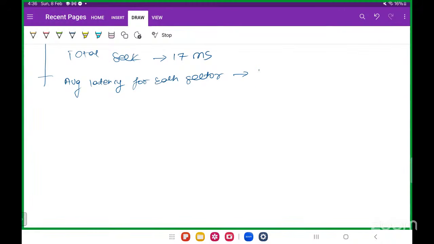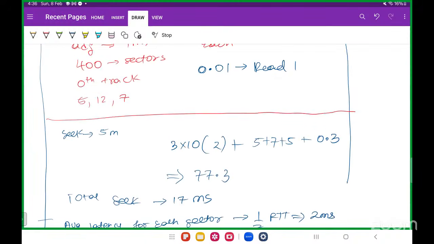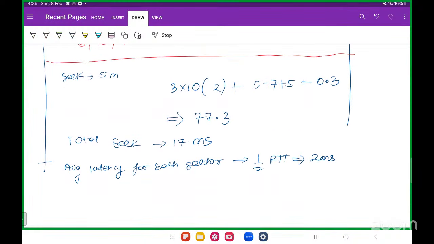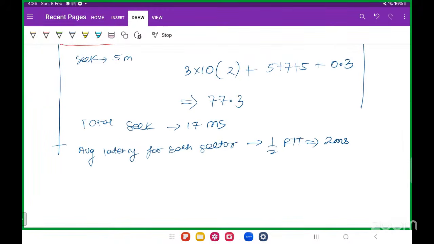There are 3 tracks, so 60 milliseconds. Now reading the data takes 0.01 milliseconds, and there are 30 sectors, so 30 into 0.01 is 0.3. So the total is 17 plus 60 plus 0.3, which is 77.3 milliseconds.